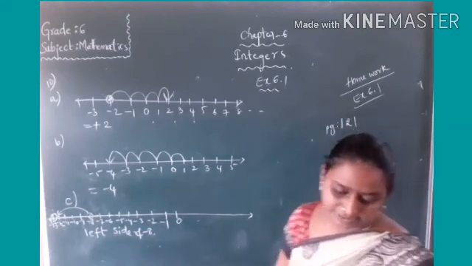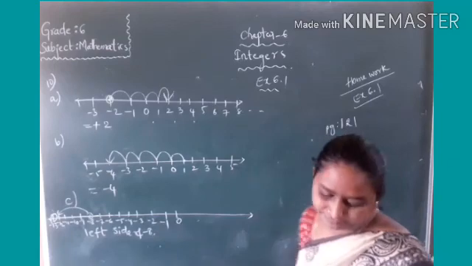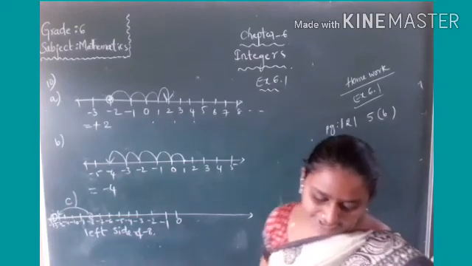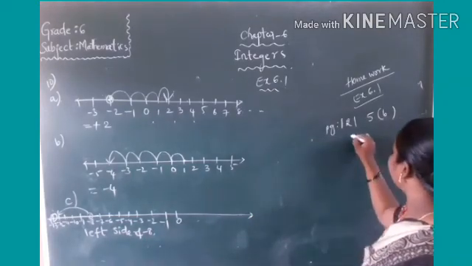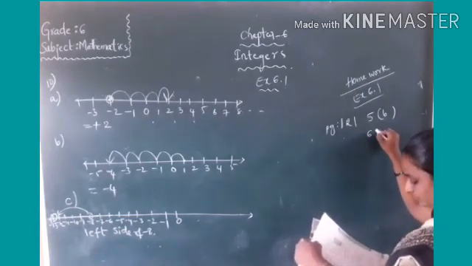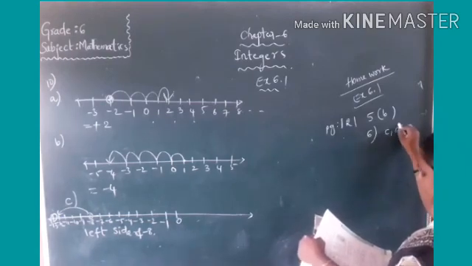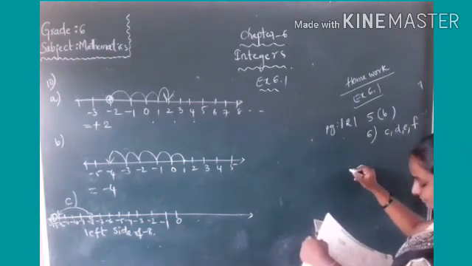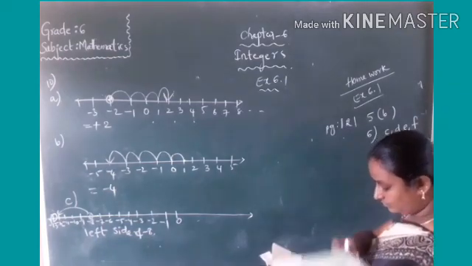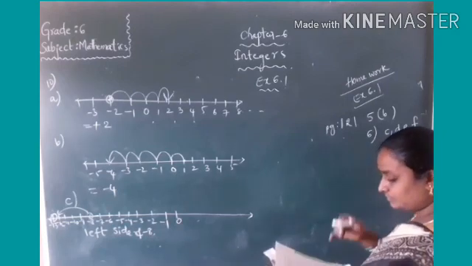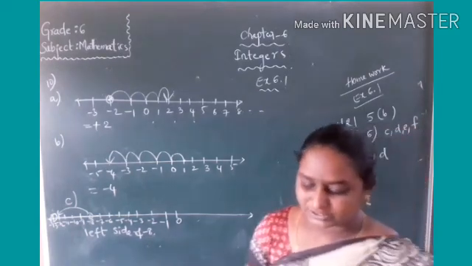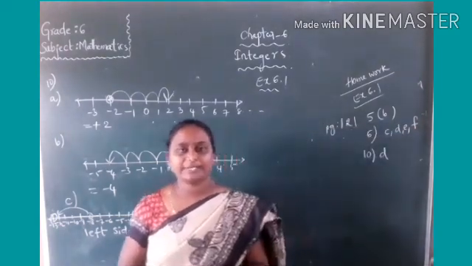On page number 121, I have given the fifth question, B, and next the sixth problem: C, D, E, F. And next the 10th problem, that is D. Okay children, we have to solve these homework problems and post it.